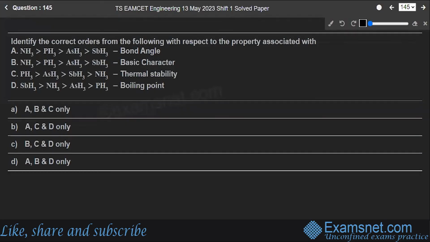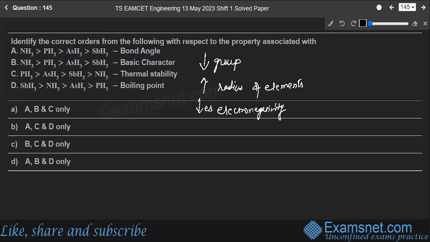Identify the correct order for the following with respect to the property associated. The very first property given to you is the bond angle, and this is the order which is given. See, as we move down the group, the radius of the elements increases, and therefore electronegativity decreases.